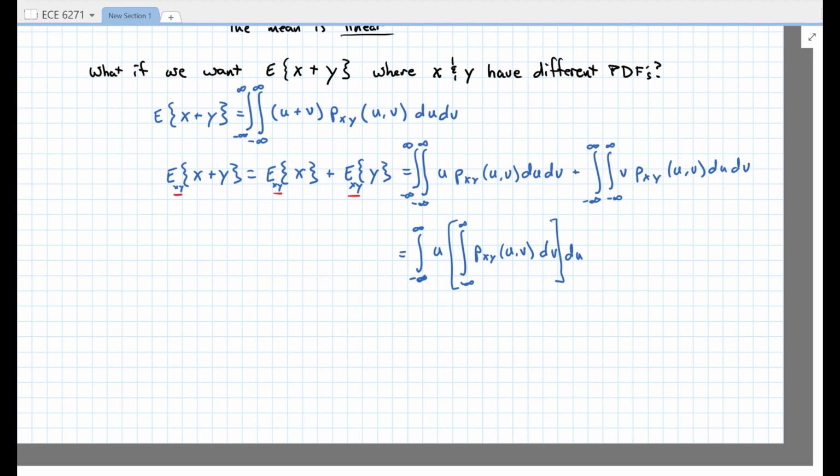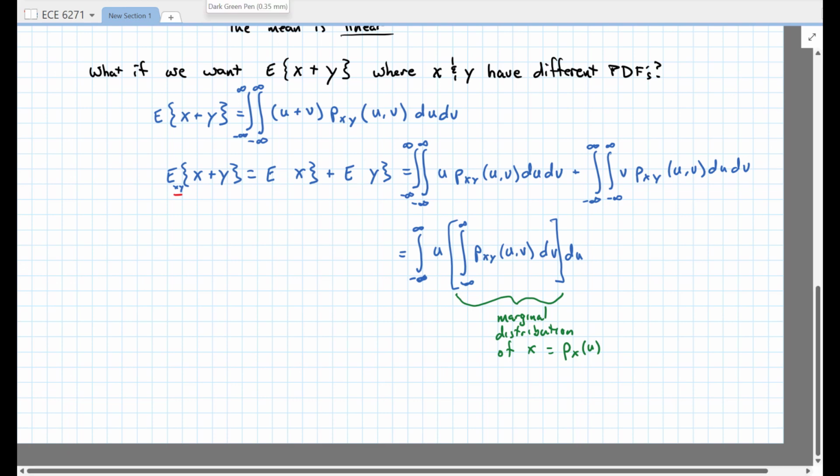And we've seen this inner quantity before. Recall, this is the marginal distribution of x, or px of u.